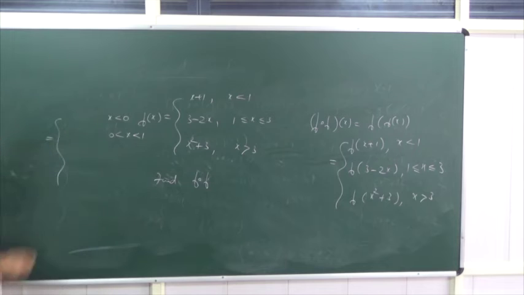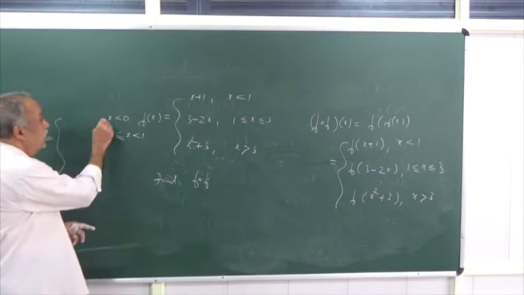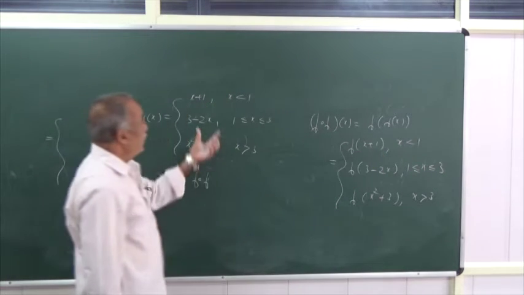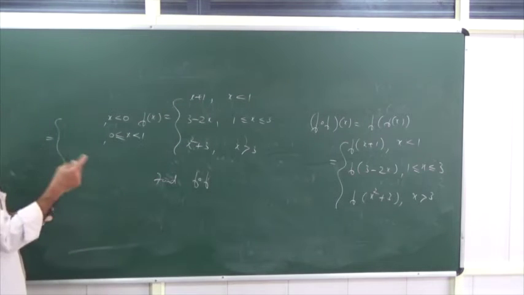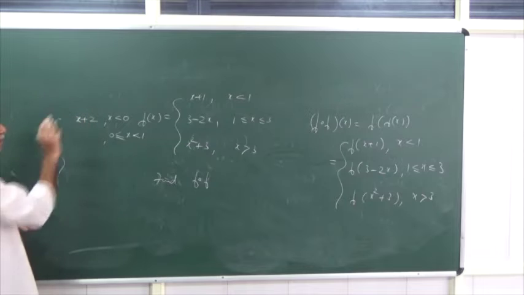Where should 0 be included? First line or second line? Second line. For x strictly less than 0, this is strictly less than 1. When the number is strictly less than 1, this is the formula. The image will be the existing argument plus 1. Agreed?